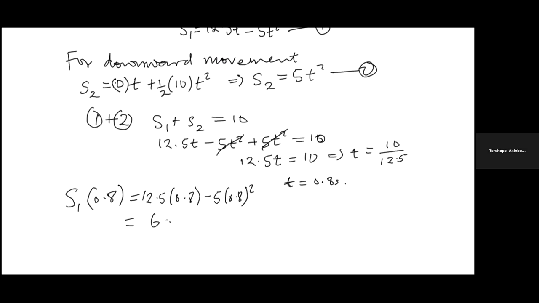Yes, correct. Now, that's the height above O. If we use S2, are we going to get the same thing? Let's check. That's 5 times 0.8 squared. 3 point what? 3.2.